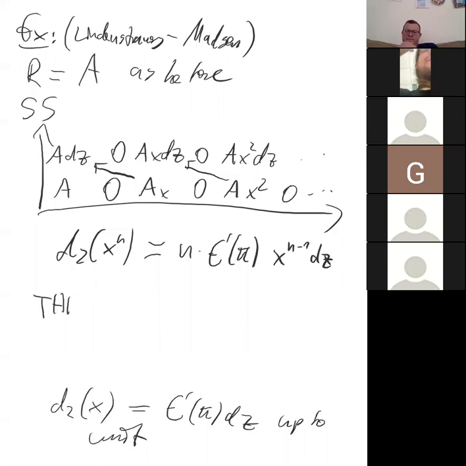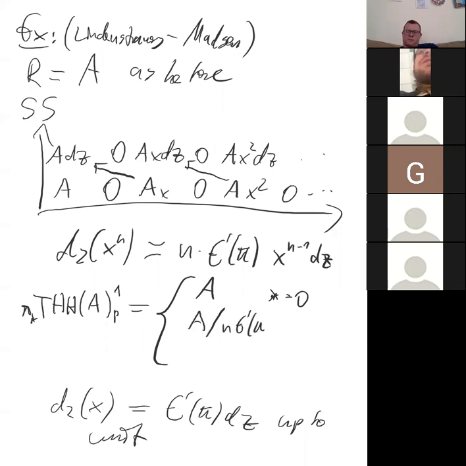So what we get is that THH, at least the p-completed one, is A for star equals 0, it's A mod n e prime for star equals 2n minus 1, and it's 0 else.